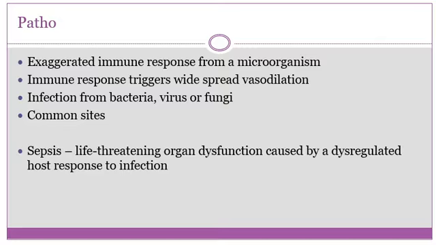So it starts locally and it spreads throughout to the bloodstream. The other common sites can be GI. Female reproductive is important when we think about our lifespan and our pregnant women.